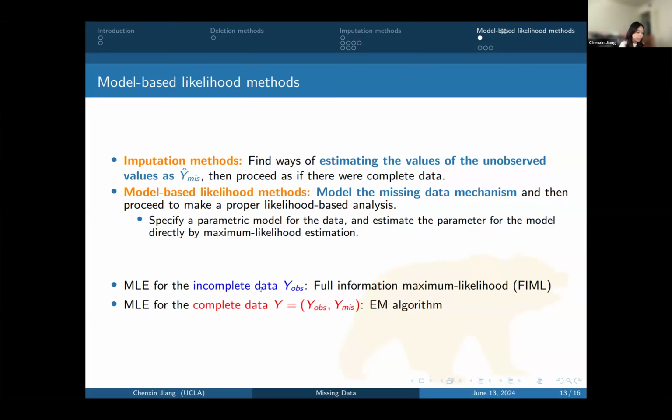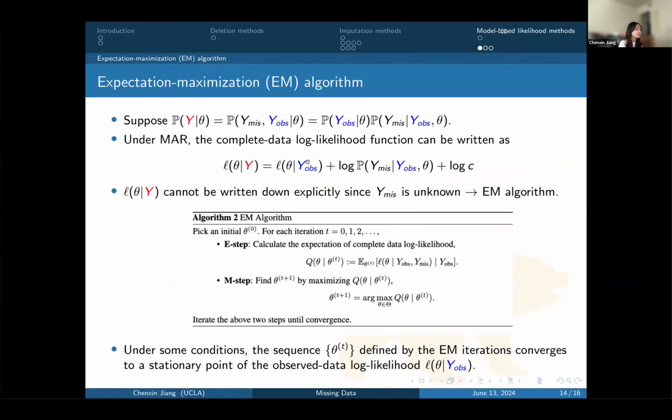We have MLE for the incomplete data, which is full information maximum likelihood. And we also have MLE for the complete data, which is called the EM algorithm. I will not go through the details of the EM algorithm, but the idea is to maximize the complete data likelihood through the E step and M step.